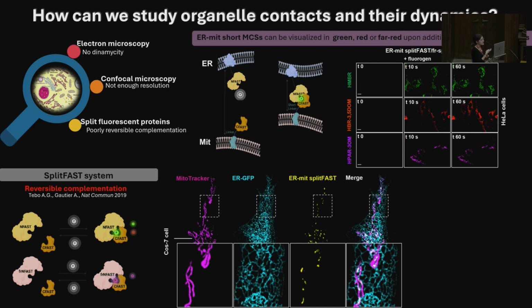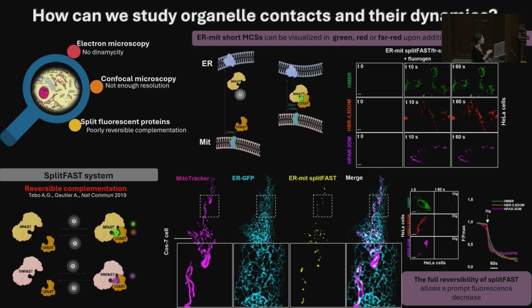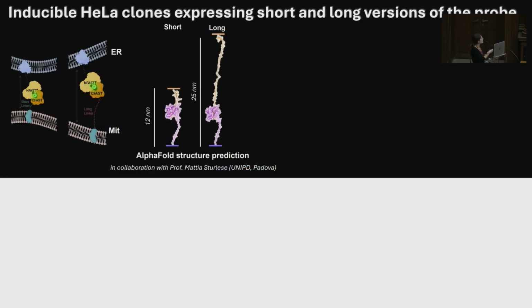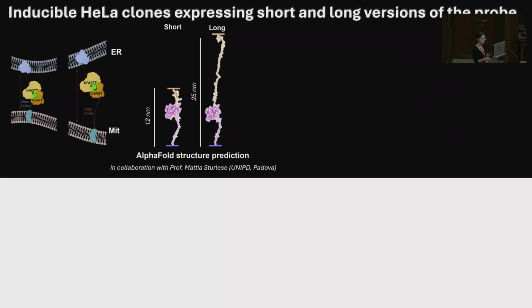This system, as I told you, is fully reversible because if we target a portion of the protein to the mitochondria and the other portion to the cytoplasm, and then we perform permeabilization of the cell, the cytoplasmic portion is free to exit the cell, and so we have a prompt decrease in fluorescence.